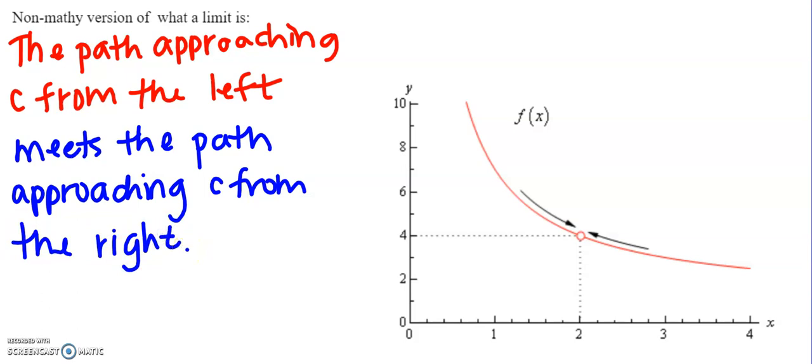Notice I don't care what's going on at C. I care about what's going on near C or around C.